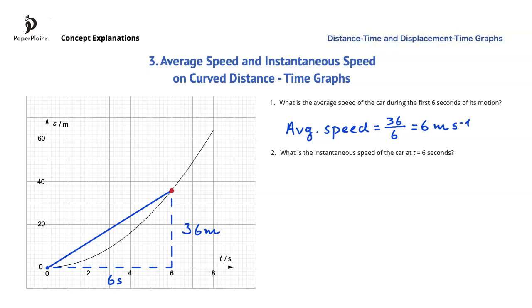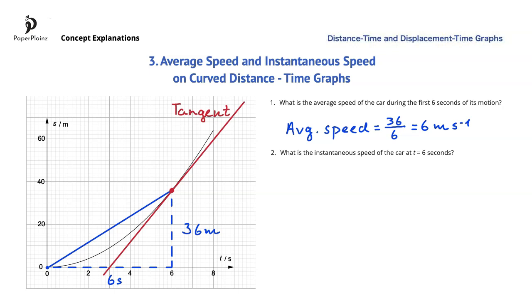The answer is that instead of connecting 2 points to get a line, we will draw the tangent at this point. The tangent is the line that touches the curve at this point and looks like this. The instantaneous speed at t equals 6 seconds is the gradient of this tangent line.